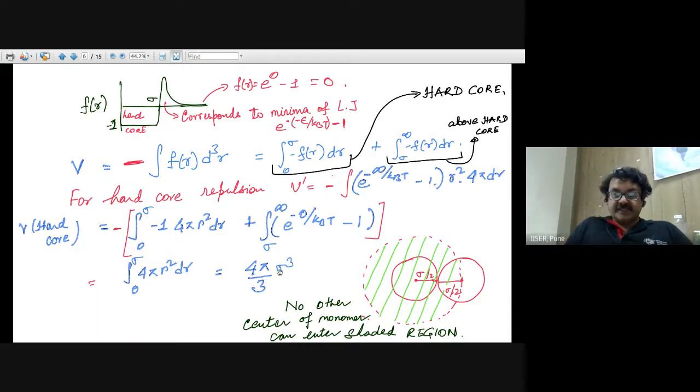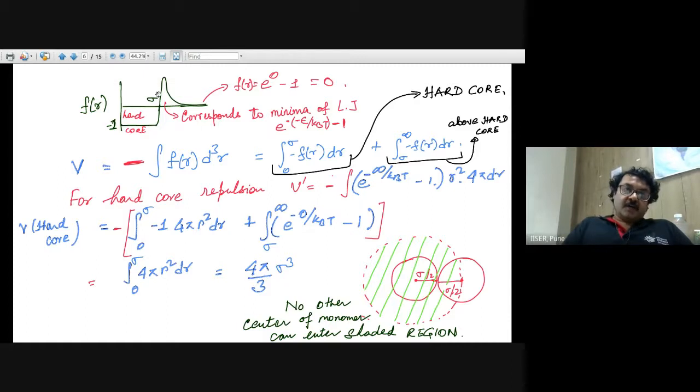That's why here you have sigma cubed and not sigma by 2 cubed. So the excluded volume is this entire shaded green region, because the center of any other monomer cannot come within this region. That is the contribution to the excluded volume from the hardcore.